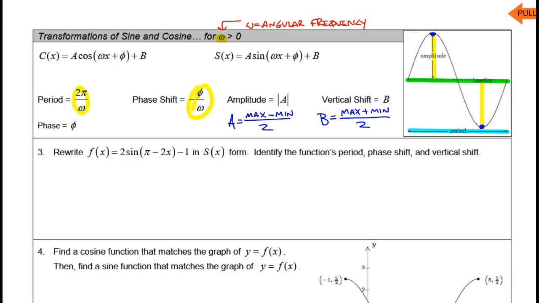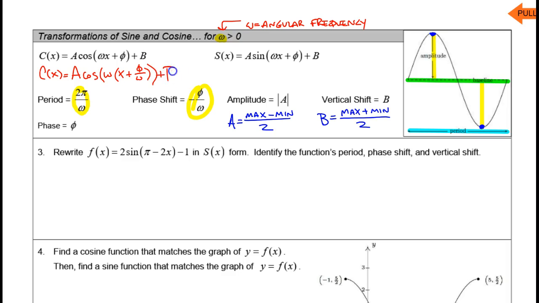I'm actually going to show you a different version of each of these functions. C of x equals A, or amplitude, times the cosine of, and I'm going to factor out an omega from inside the parentheses there.